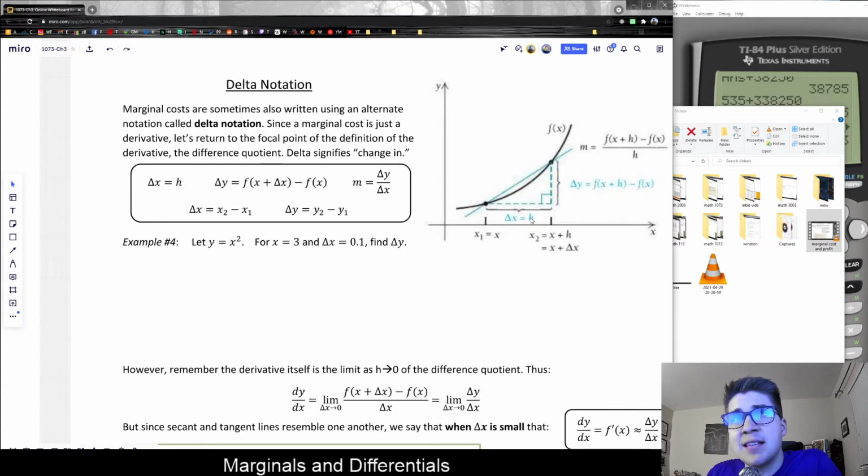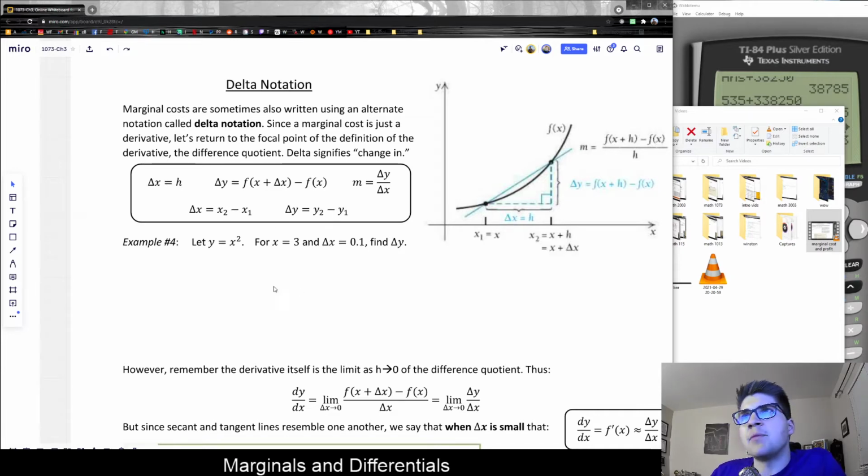It's the same idea: how far is it from left to right? So if we were to rewrite slope, we could write delta y as f of x plus delta x minus f of x, the change in those.